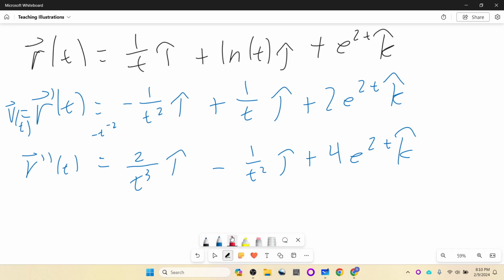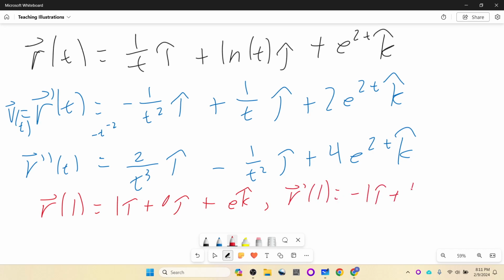And while we're at it, why not just do a test point? Why not, let's try 1. r of 1 is 1i plus 0j plus 1k, or plus ek. r prime of 1 would be -1i plus 1j plus 2e k.